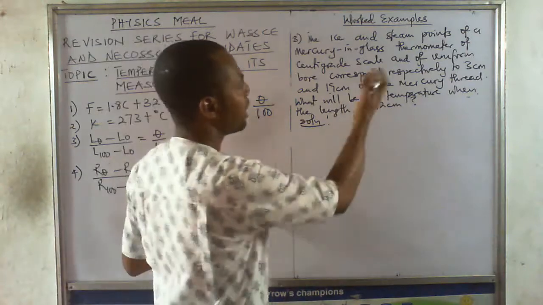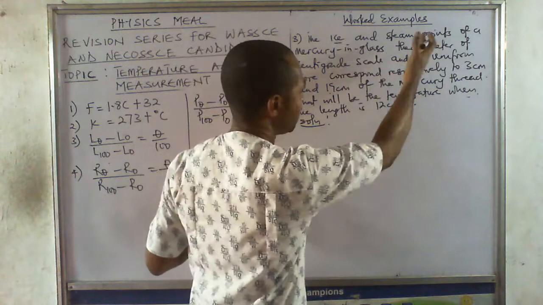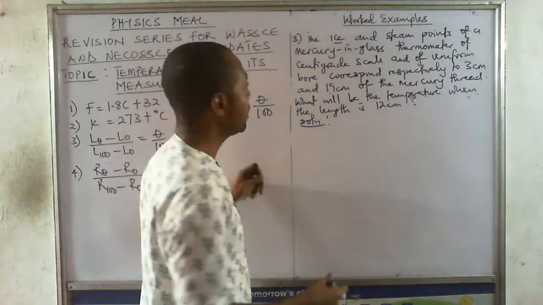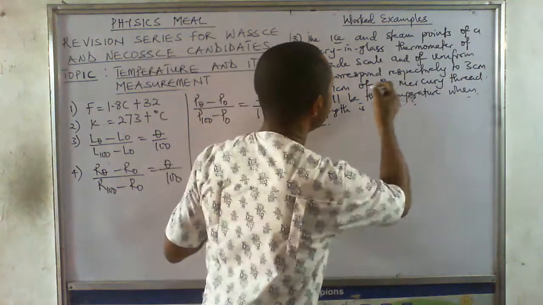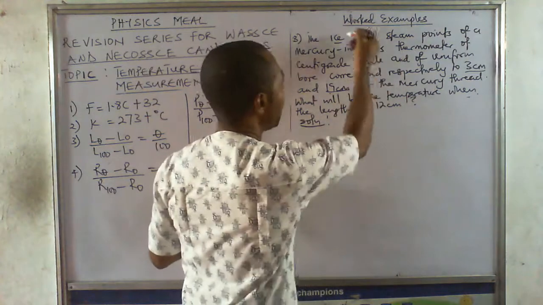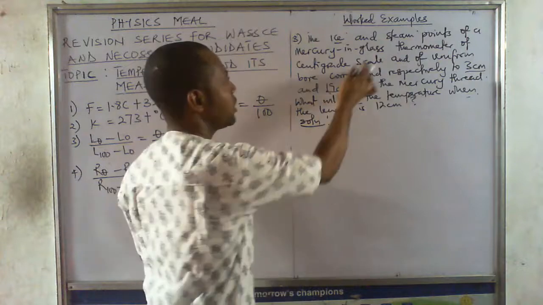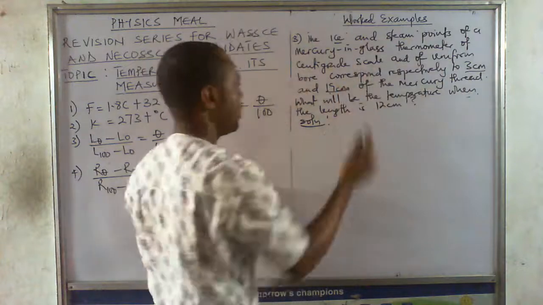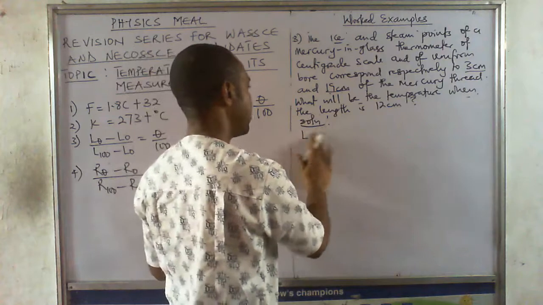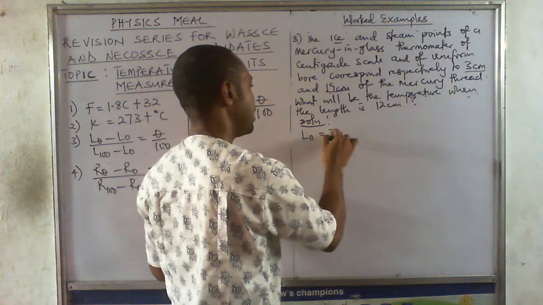Still the same principle. The ice point and steam point talks about the lower fixed point and the upper fixed point. So they say correspond to 3 cm and this. So in that order, it means the ice point is for this, the steam point is for this. So we can now say that the length for the ice point is 3 cm.